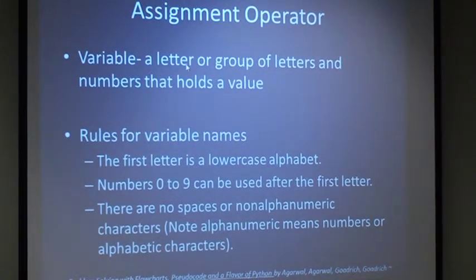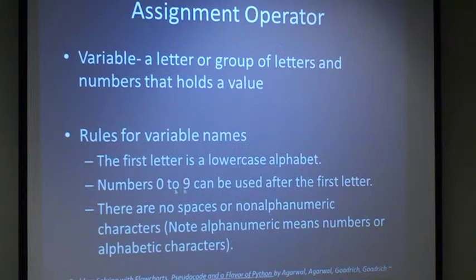Assignment operator, very simple. We have some simple rules. Again, these are conventions for pseudocode and for Python and for Visual Logic. For variables, use a lowercase letter as the first letter in a name of a variable.